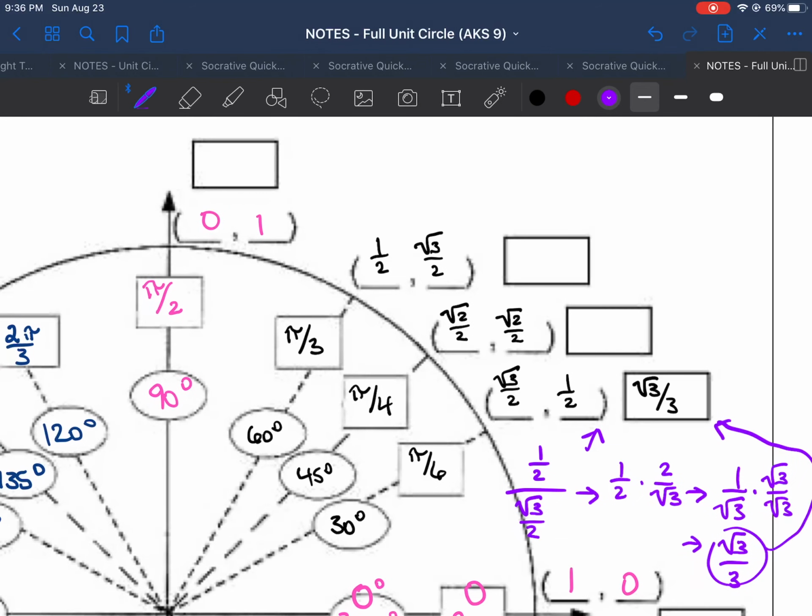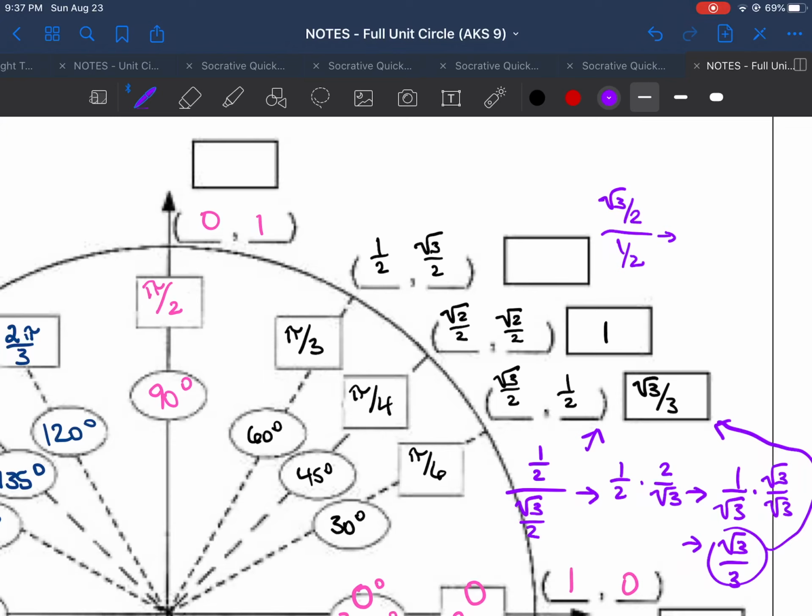Now if we try to do the same thing with the 45-degree angle, so the tangent of 45 degrees, well, square root of 2 over 2 divided by itself, square root of 2 over 2, anything divided by itself is 1, so here the tangent would simply be 1. And then lastly, the tangent of 60 degrees, we would be doing the y value, square root of 3 over 2, divided by the x value, 1/2.